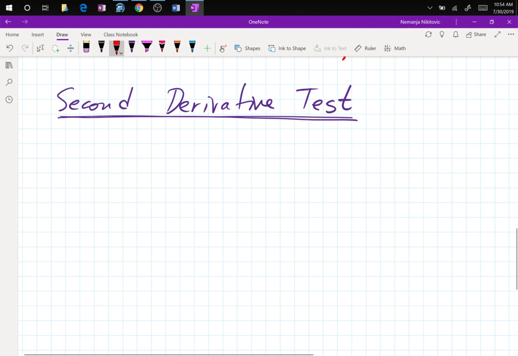The second derivative test says, suppose the second partial derivatives of f are continuous throughout an open disk centered at the point (a, b). Great.